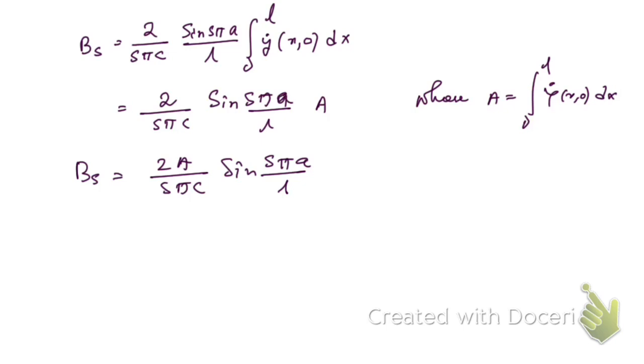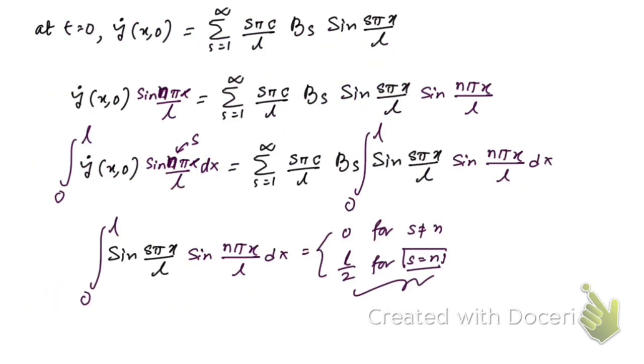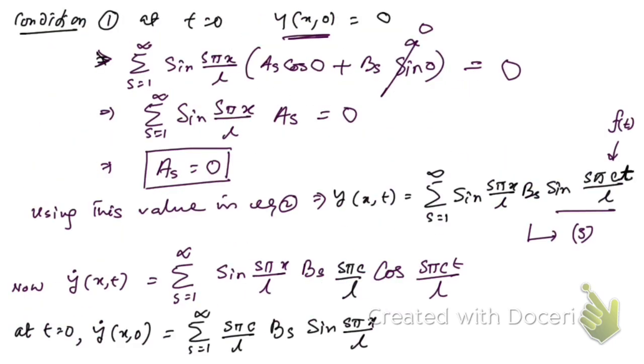Now you see, if we use this value, suppose this is equation number 4. Let me use it in equation number 3. So where is equation number 3? Let me see this one. We're going to replace this bs by the value that we have obtained in equation number 4.